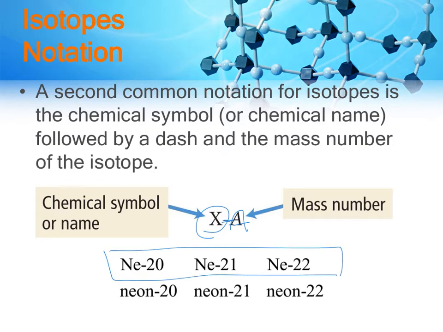You may see it shown like this, neon-20. Remember, 20 is the mass number. Neon-21, okay? Or you can see, rather than the symbol for neon, it may be written out. Remember that if an element symbol has 2 letters in it, the second letter must be lowercase.